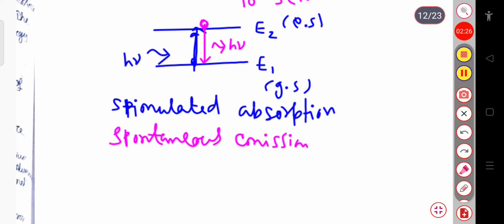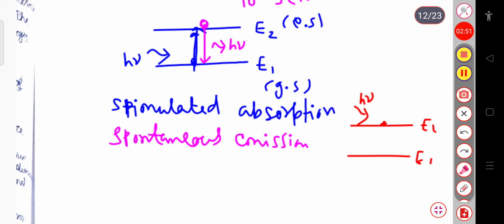There is also another process by which emission can be done. Let me draw: this is the E1 state and this is the E2 state. The atom is already present in the higher state, that is the E2 excited state. Here I supply a photon of energy hν.